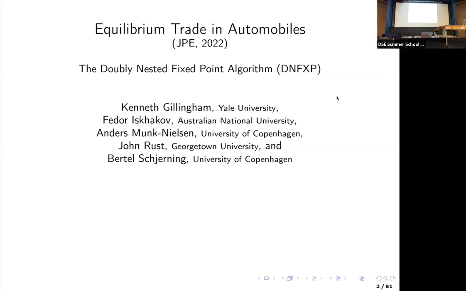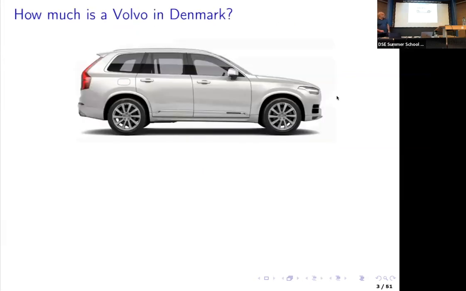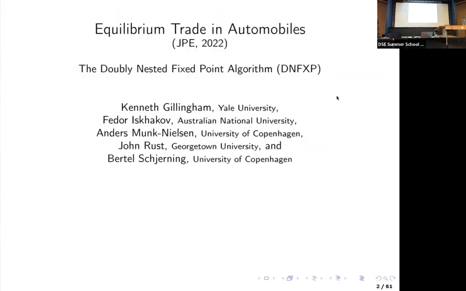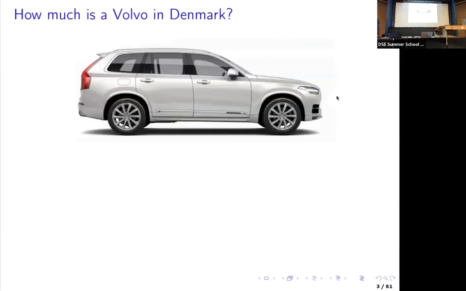And that's why we call it the doubly nested fixed point algorithm, because it's a fixed point algorithm to find that fixed point there. Okay, this is joint work with Fedor and Ken Gillingham, Yale, and Anders Munch, Copenhagen, and John. So the paper is out there, and it's also in the box.